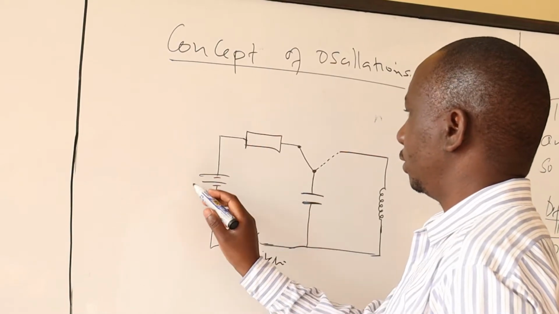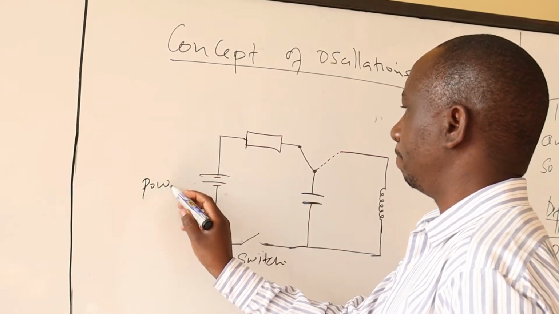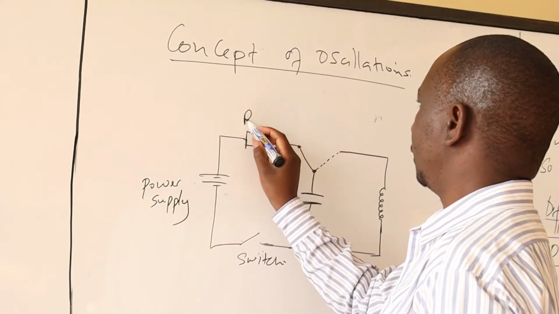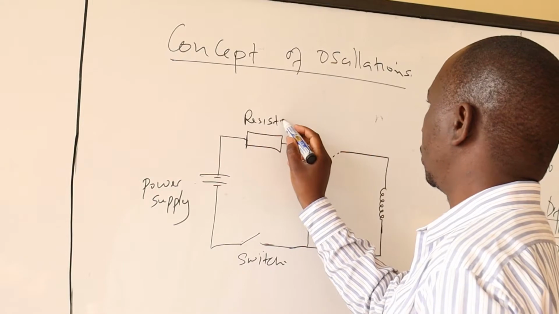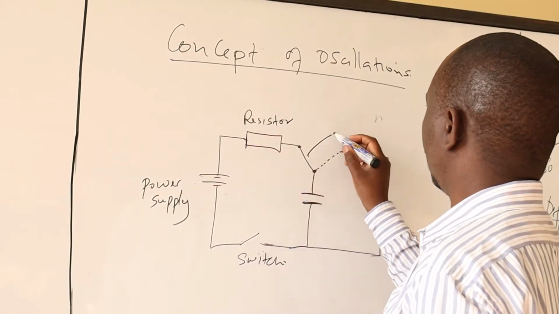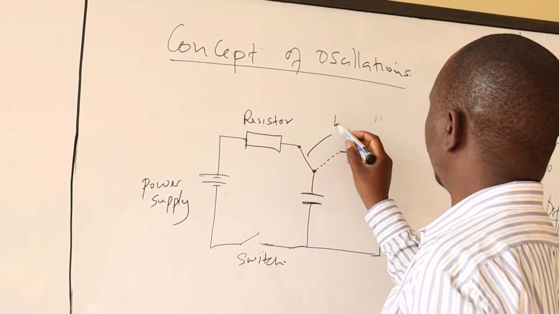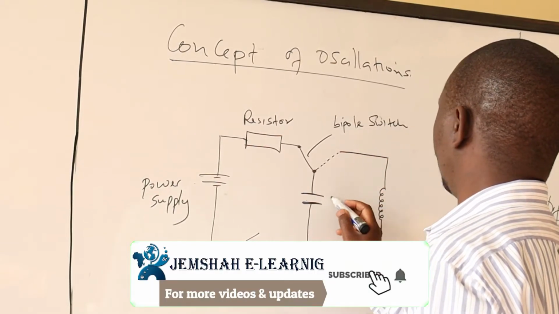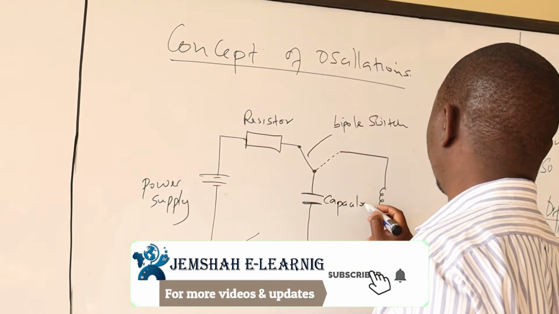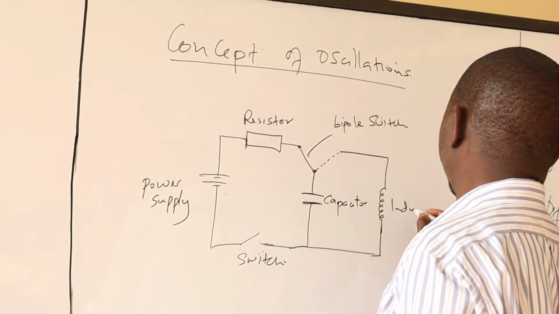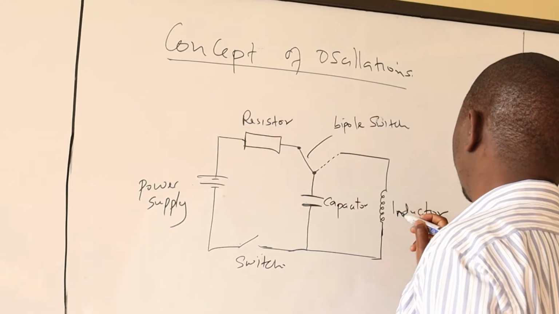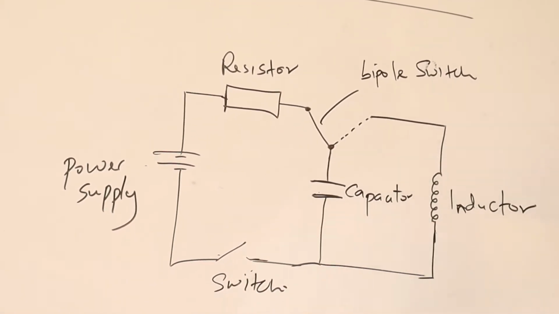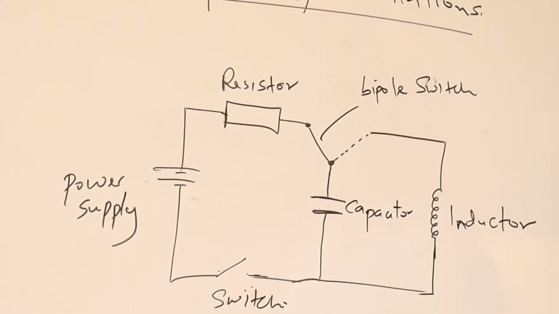There is a switch, this is a power supply, and this is a resistor. This is a double pole or bipole switch. This is a capacitor, and this is an inductor. This is the circuit we are going to use to describe the concept of oscillation.